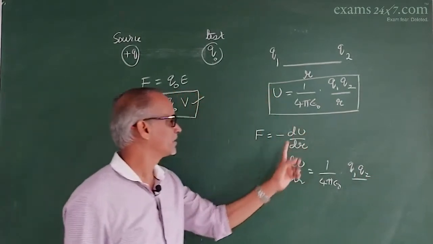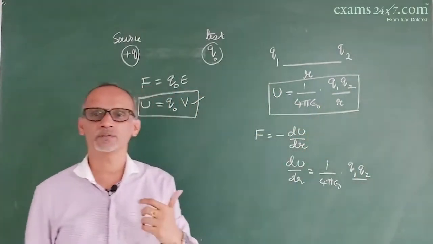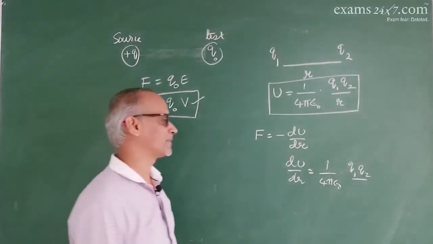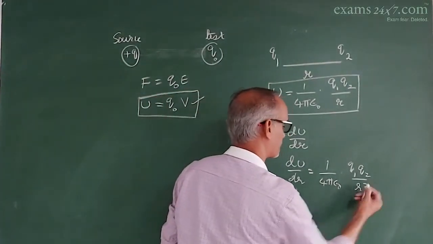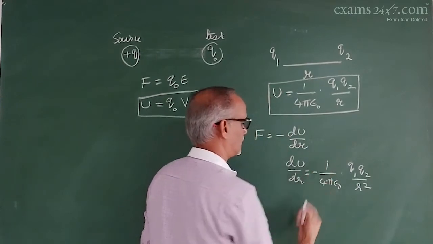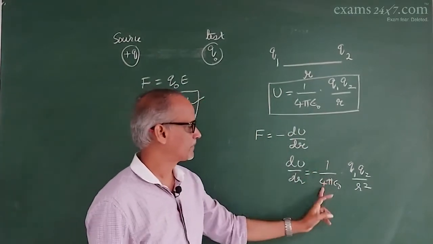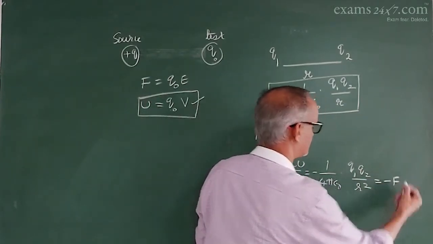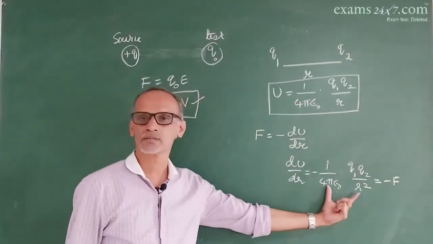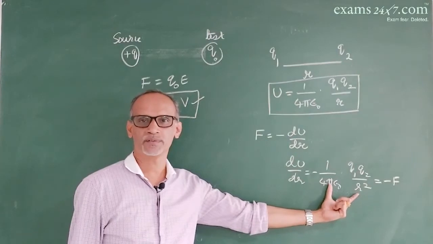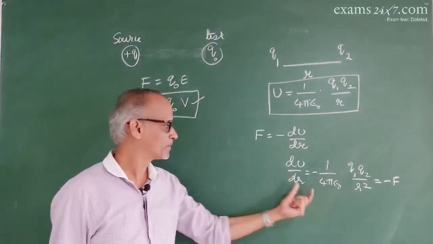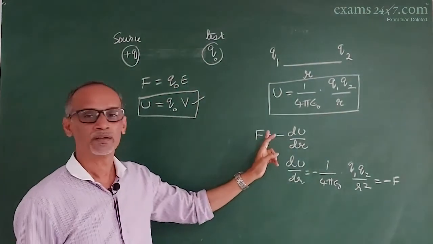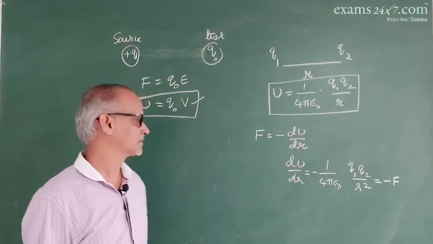So differentiating U with respect to r, differentiation of 1 by x is minus 1 by x square. Differentiation of 1 by r is minus 1 by r square. So minus 1 by 4 pi epsilon naught Q1 into Q2 by r square is nothing but minus F, because this is the equation that we get from Coulomb's inverse square law. So we have proved that dU by dr is equal to minus F. So force is always a measure of the negative potential energy gradient.